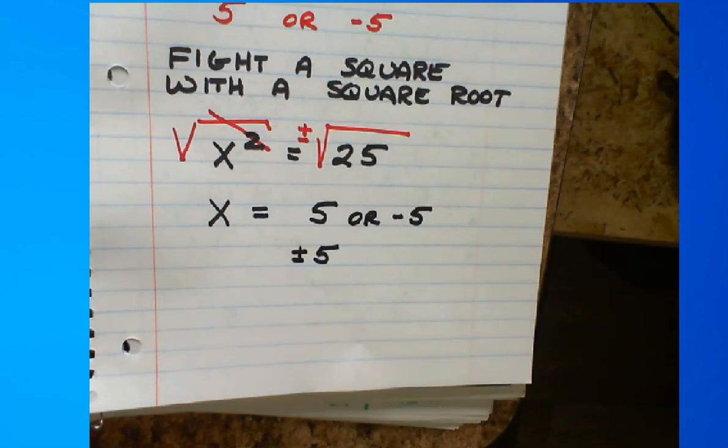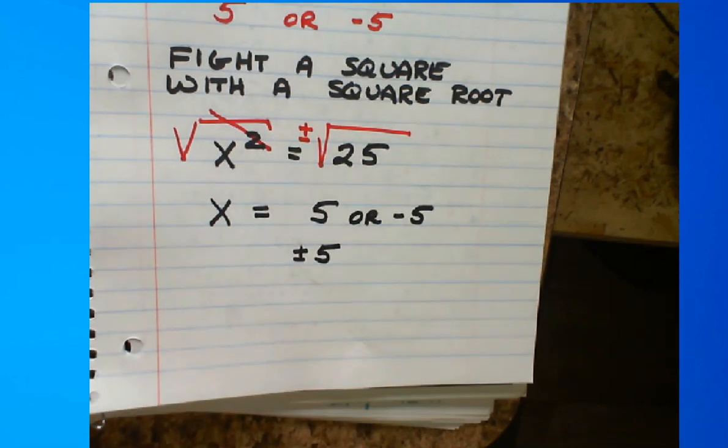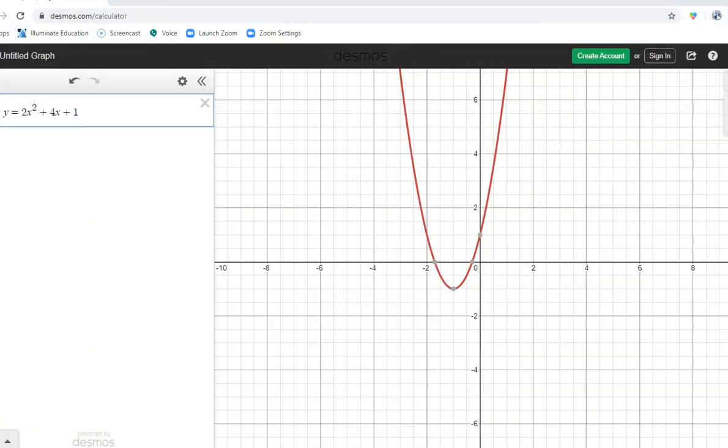Actually, before we do this one, this does not have to go in your notes, but I want you to see what the graph of this thing really looks like. I'm going to add a y into this. I'm going to go to Desmos again. Let's bring this up. And we'll clear out this last one.